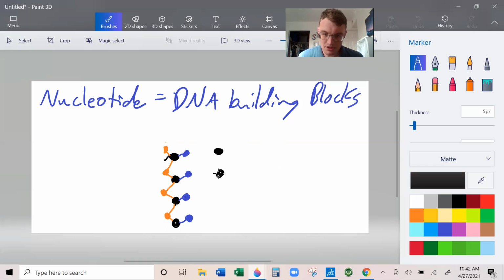I'll just draw out a bunch of these sugars and phosphates, connected to there, connected to there. Okay, we've got our nitrogenous bases poking off in the middle here.